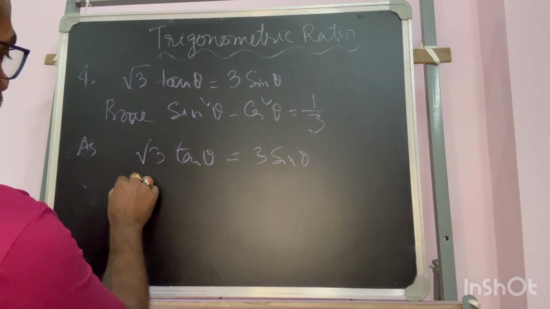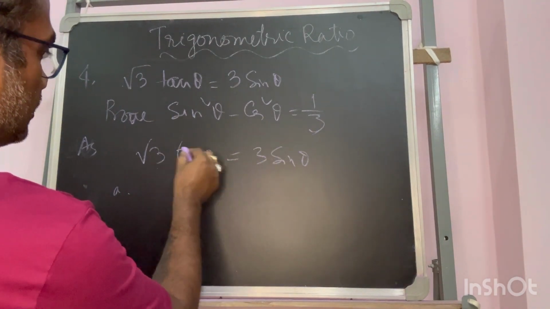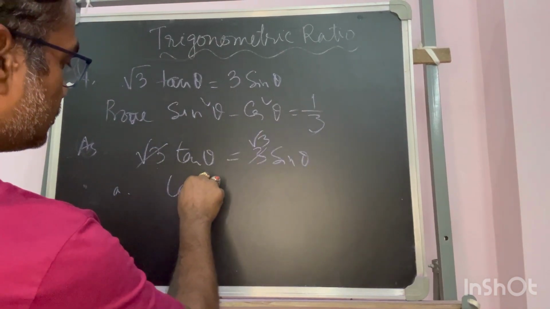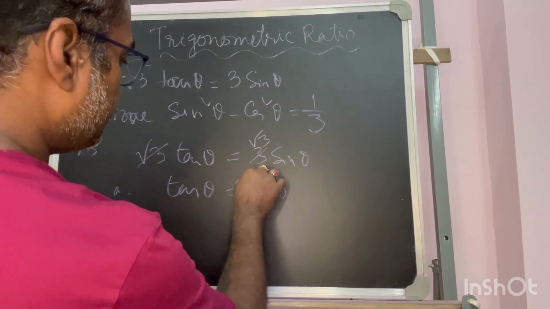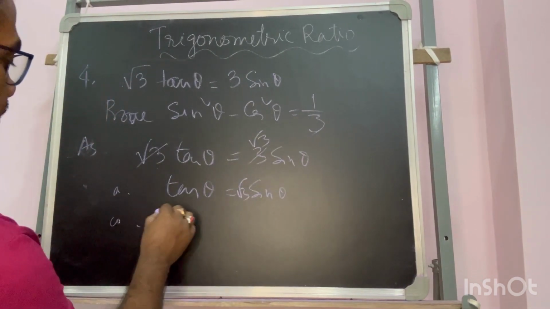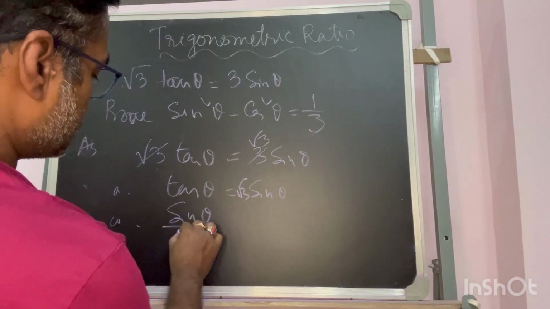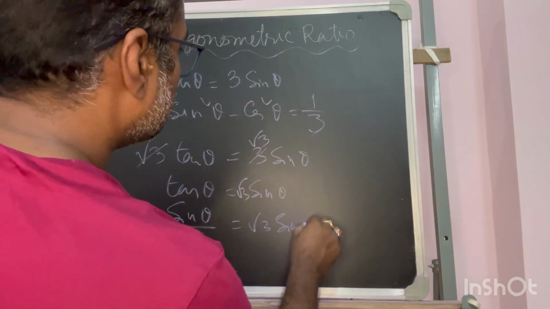You can cancel root 3 and 3, so this will be root 3 sin theta. Or tan theta means sin theta by cos theta is equal to root 3 sin theta.